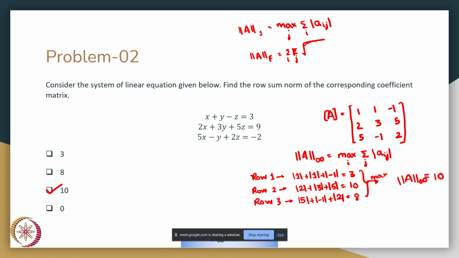Summation i summation j aij whole square and then taking the square root. These norms, if you may recall, play an important role in figuring out convergence of any iterative method.